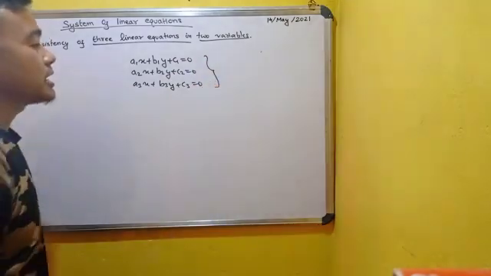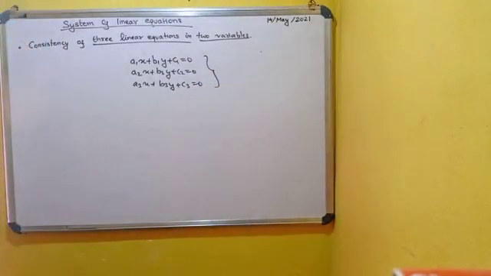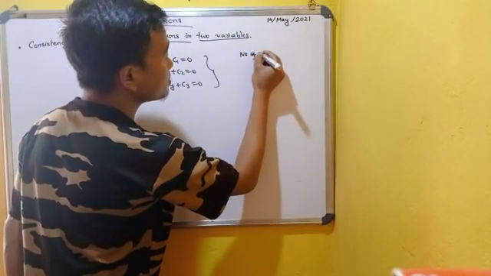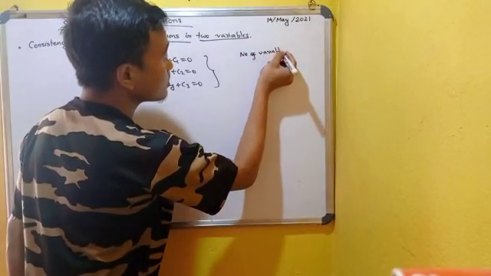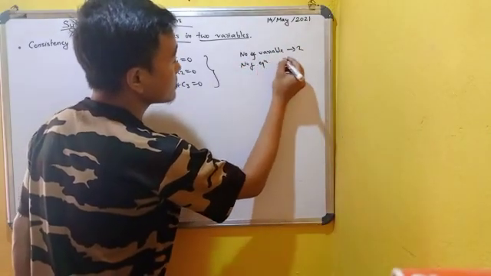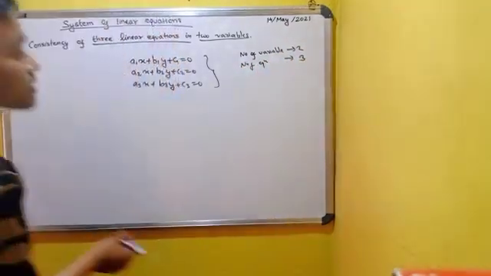So this is a set of linear equations in which the number of variables is 2 and the number of equations is 3.